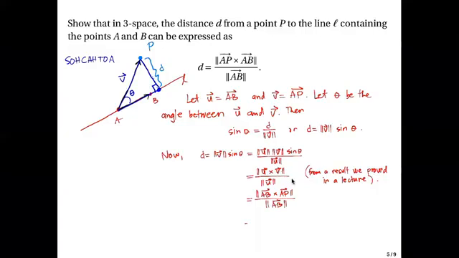Or, as I have said, you can interchange the two factors because you are taking the norm anyway. So AP cross AB, you get the norm of that. It's still the same as the previous line, over the norm of AB. And that's what we have in here. So that's it. We have the formula for the distance.